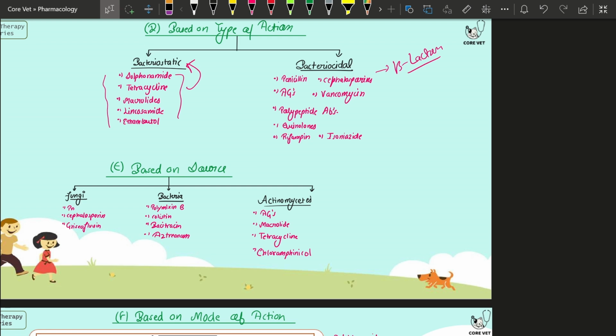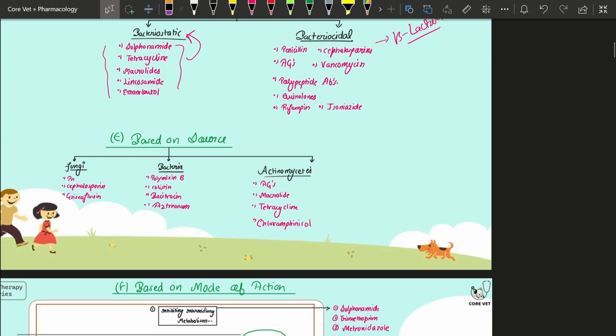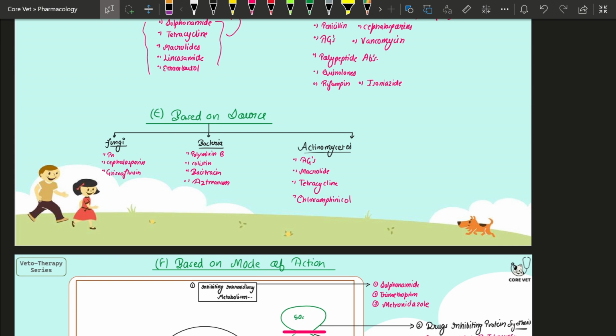Coming to the classification based on the source from which they are obtained: they can be obtained from the actinomycetes, the fungi, or the bacteria. Penicillin, cephalosporin, and griseofulvin have been obtained from the fungi. Polymyxin B, colistin, bacitracin, and azithromycin are obtained from the bacteria. The aminoglycosides, tetracycline, macrolides, and chloramphenicol are obtained from the actinomycetes.